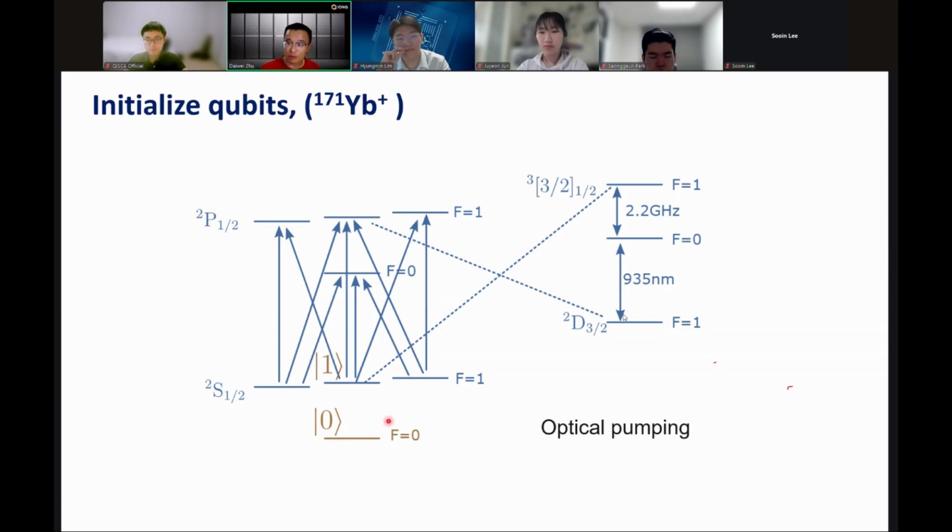But you only drive the population out of 1. So after some time, your population will all accumulate on 0, right? That means you will have prepared your qubit perfectly in the 0 state. So that's the idea behind optical pumping. And for ion trap, that's how we prepare our computation, to initialize the qubit into 0.